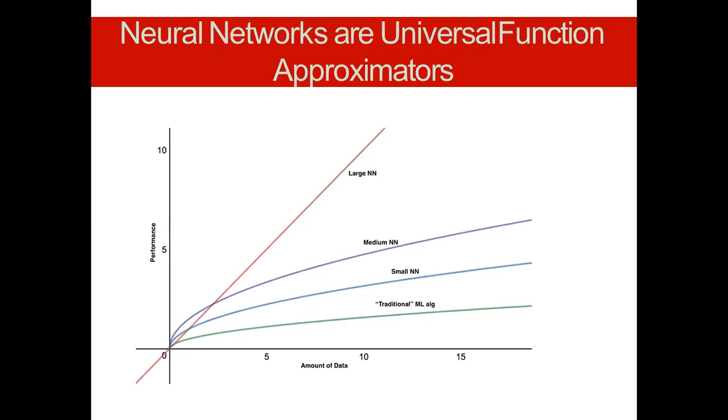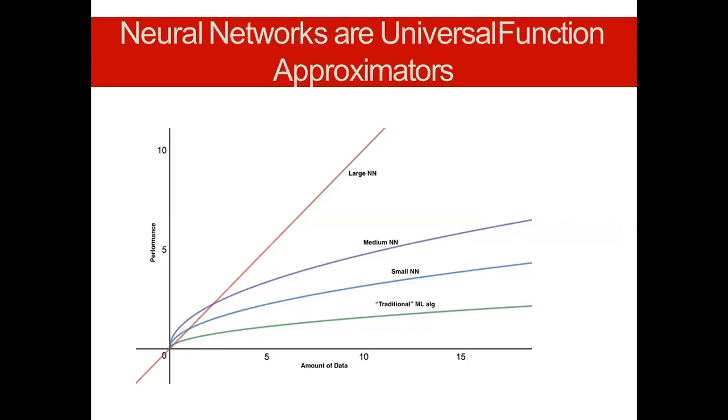Even if you add a lot more data, the performance will not really get better. But for deep learning models, especially very large or very deep neural networks, when you increase the amount of data, the performance continues to increase. That's a very nice property, because when we get more and more data, we can further improve the performance of our algorithms.